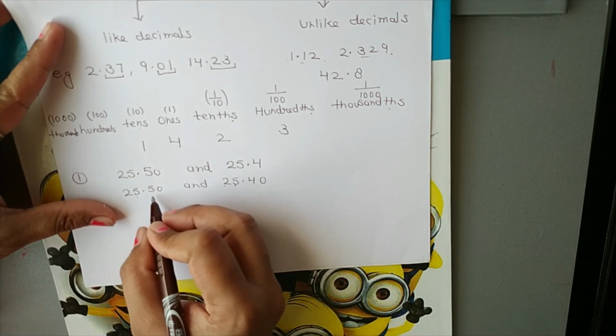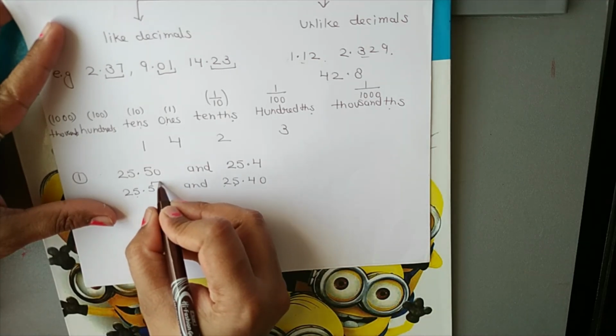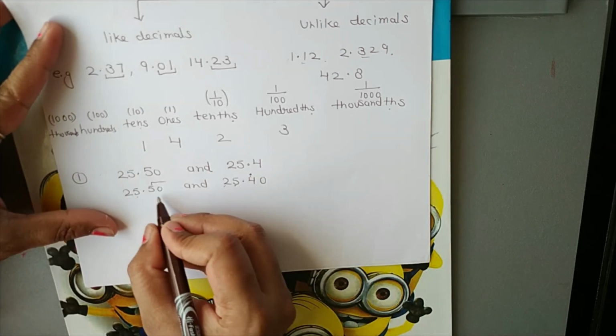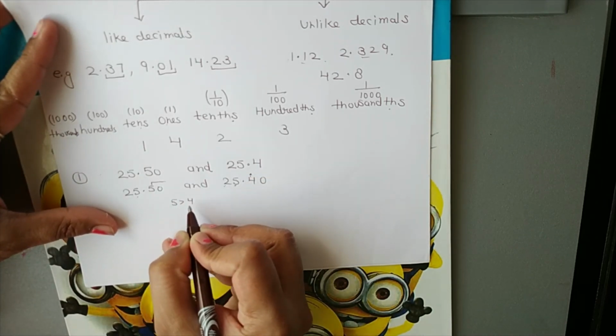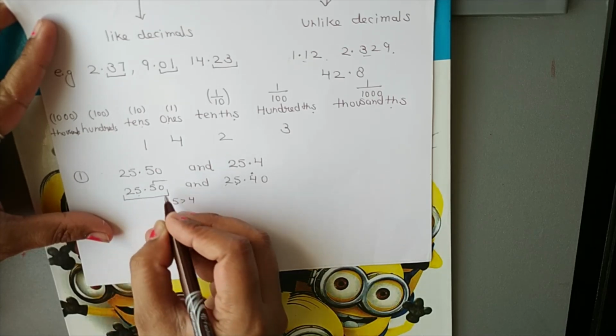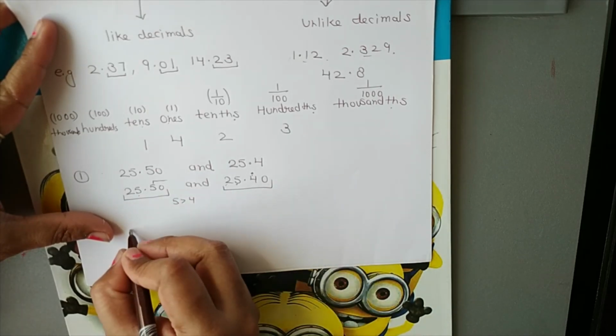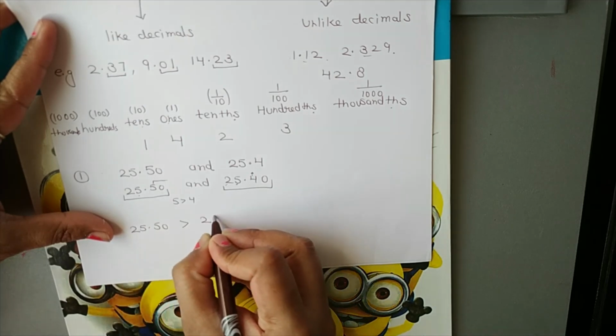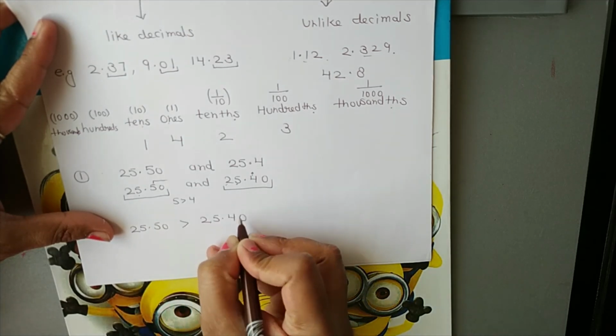So what is the tenths digit? It is 5 and here it is 4. Which one is greater? 5 is greater than 4. It means 25.50 is greater than 25.40.